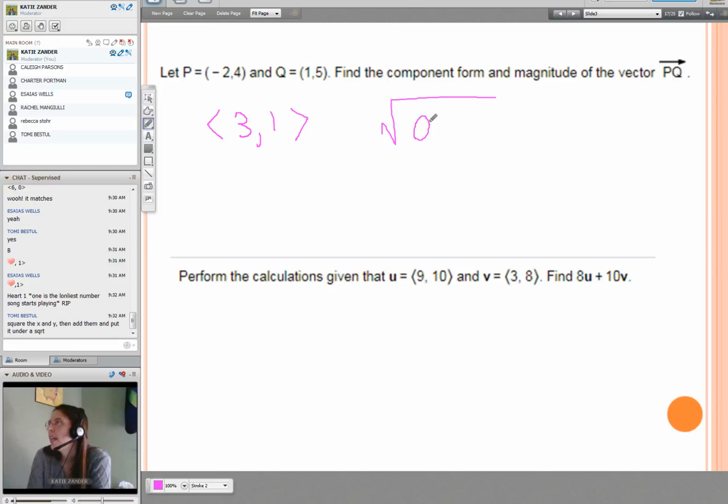Beautiful. I believe that they like to use a and b, but I like the x and y. So in this case, it would be a 9 because 3 squared is 9, plus 1 because 1 squared is 1. So our magnitude is the square root of 10.